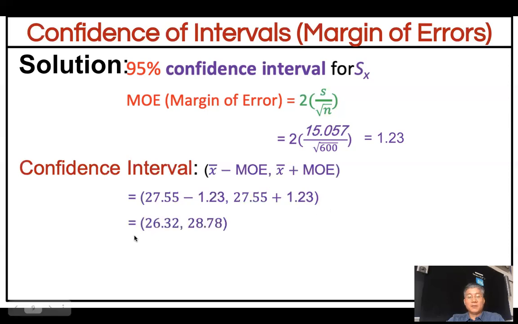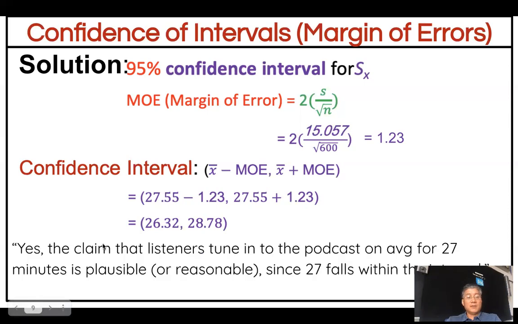If your mean falls in this range, then it is plausible. What was it? It was 27, right? Yes, 27 is in this range. So the answer is yes, the claim that listeners tune in to the podcast on average for 27 minutes is plausible, since 27 falls within the interval.